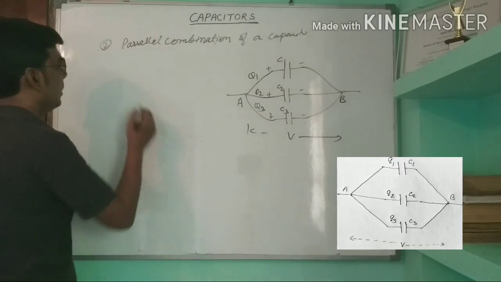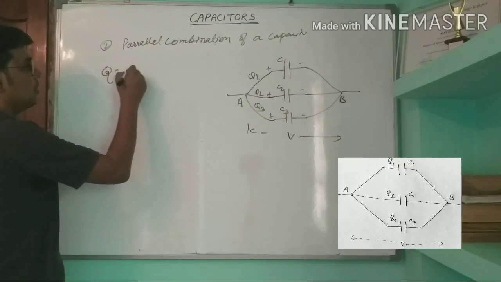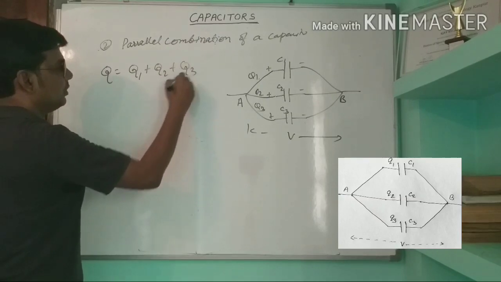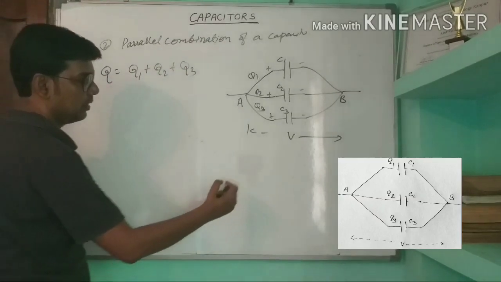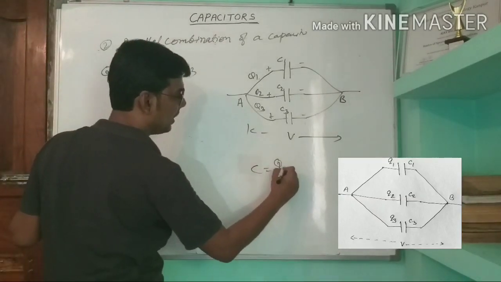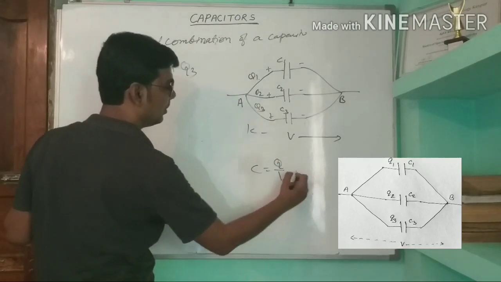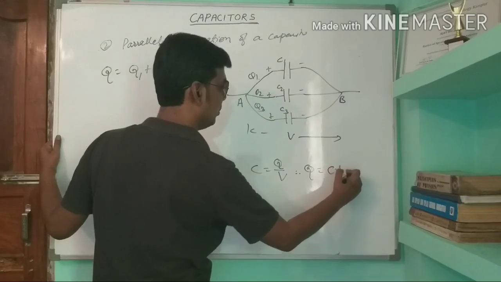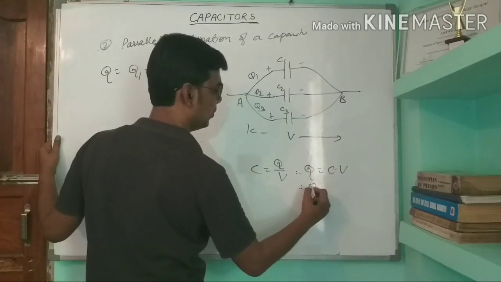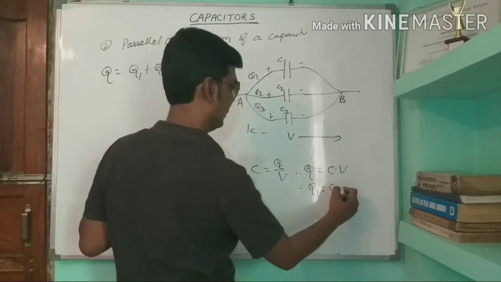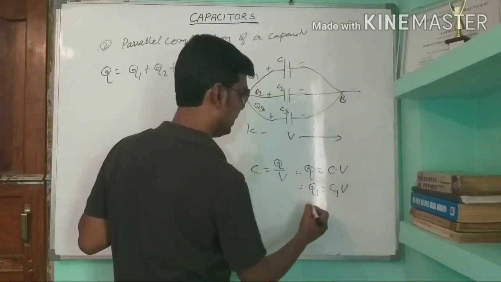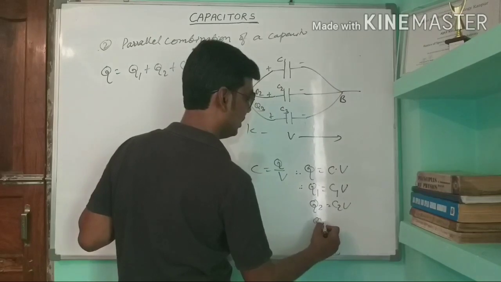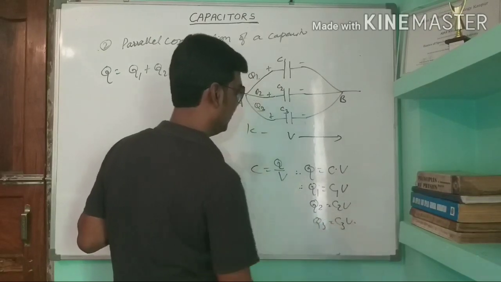Now the total charge is Q1 plus Q2 plus Q3, and we know C equals Q by V. Therefore Q equals C into V. So Q1 equals C1 into V, Q2 equals C2 into V, and Q3 equals C3 into V.